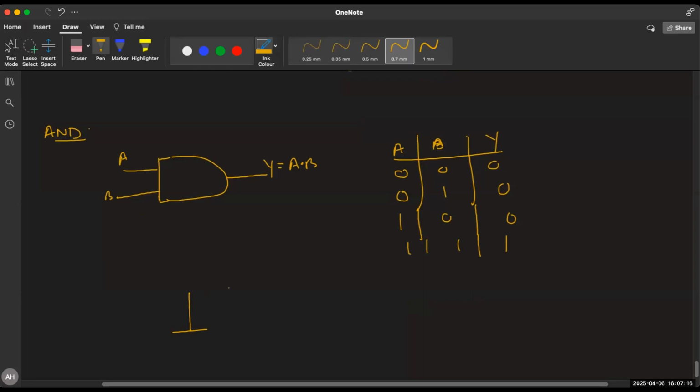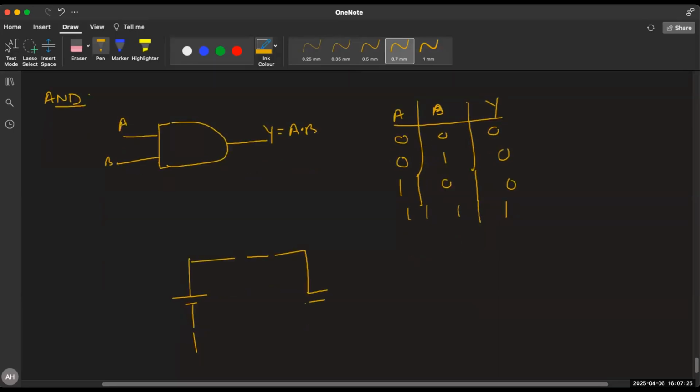After AND gate, you can draw the analog circuit here also. This is the cell. This is one key. This is another key. And this is the bulb. If both the keys are open, then no current will flow in the circuit. The bulb will not glow. If I close one key, is the circuit complete or still incomplete?